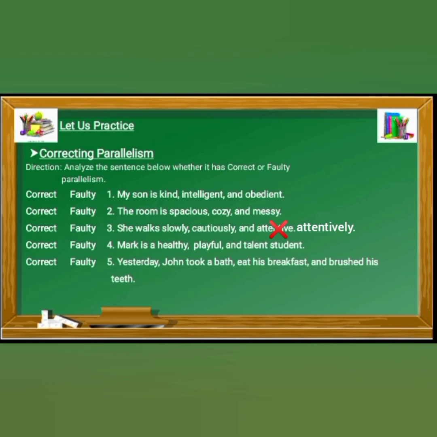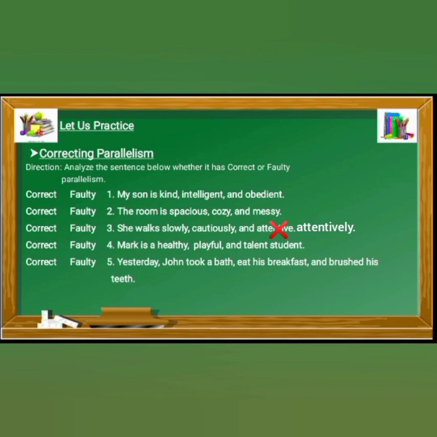Sentence number 4. Mark is a healthy, playful, and talent student. Is it correct or faulty? If your answer is faulty, again, you're correct. Because the word talent here is a noun.